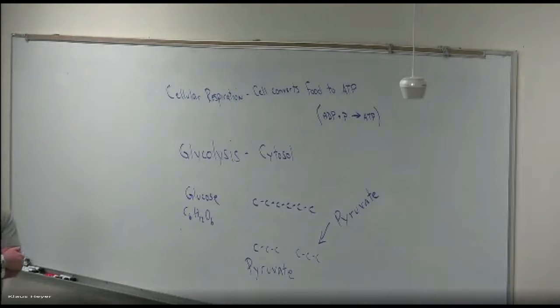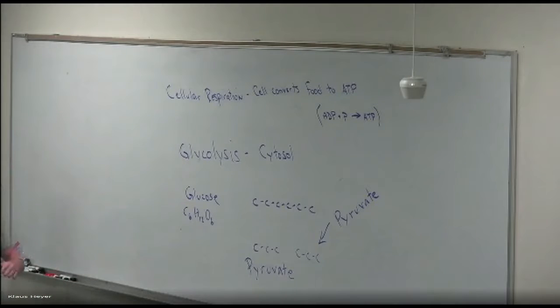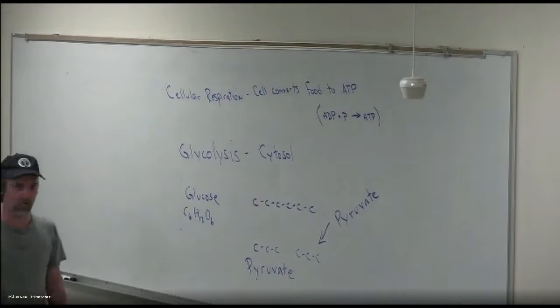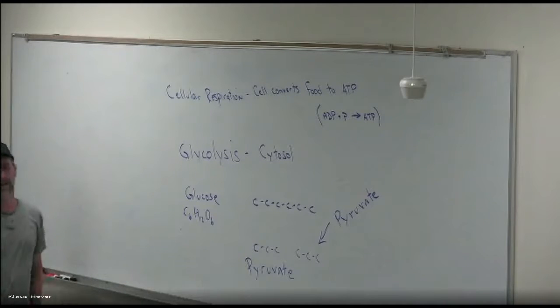So you go from 1 glucose to 2 pyruvate. That's at the end. The book's going to give you a long process. Fructose bisphosphate gets converted again and again, and it becomes this molecule called glyceraldehyde 3-phosphate, and then that gets converted to pyruvate. We're skipping all the way to the end.